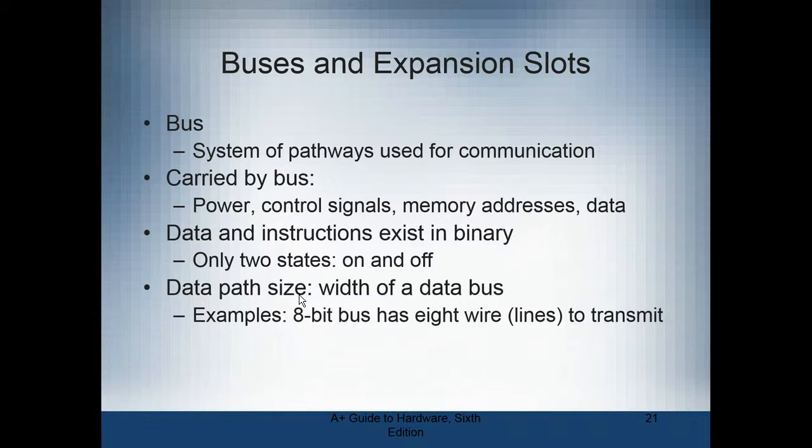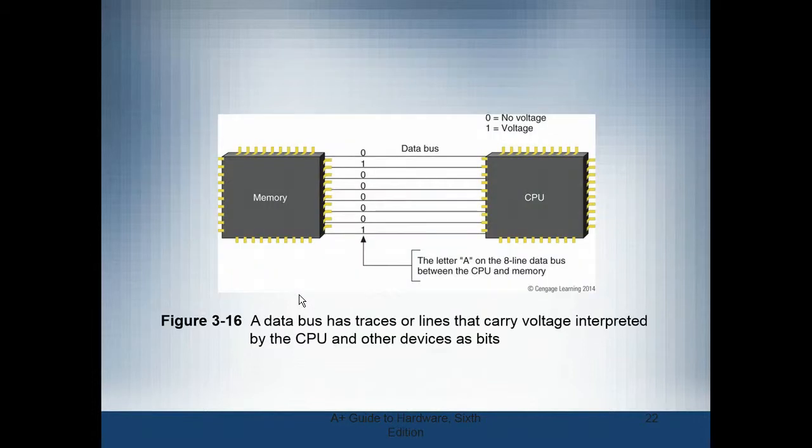We go back to 8, 16, 32, 64, and then 128 will probably be the next thing that we're going to have, because since it's binary, we need to go in powers of 2 as we do these things, just like you do the subnetting, right? So on the bus line, 0 is no voltage, the binary component of these things.